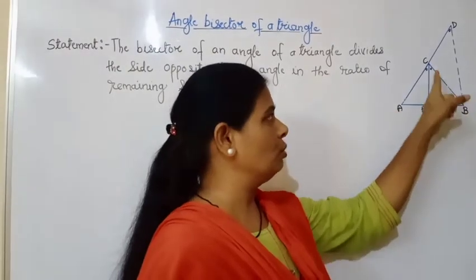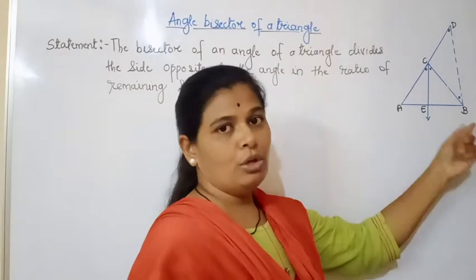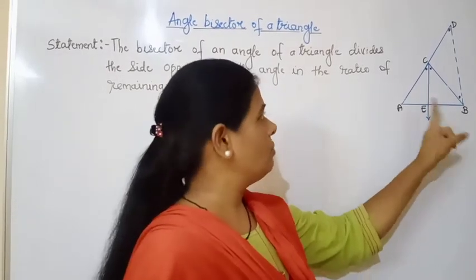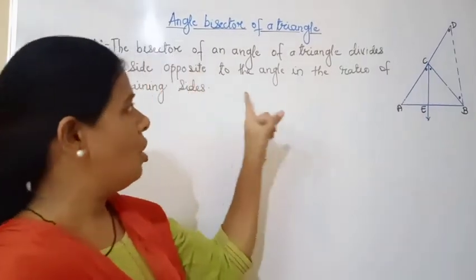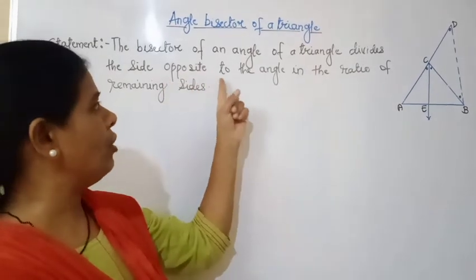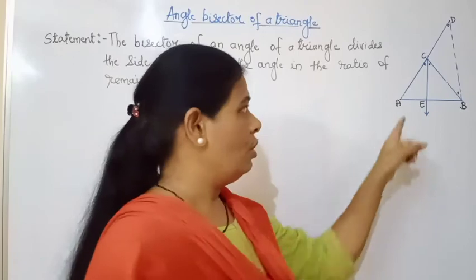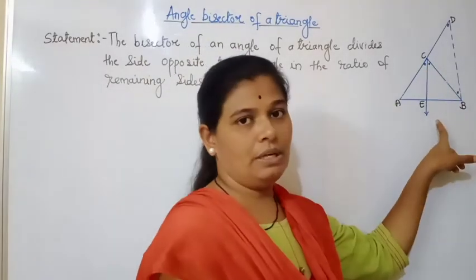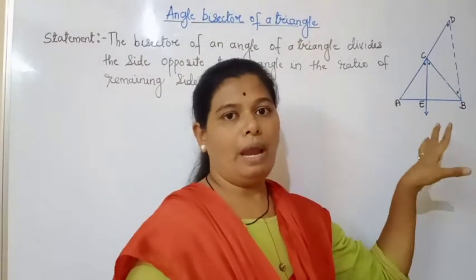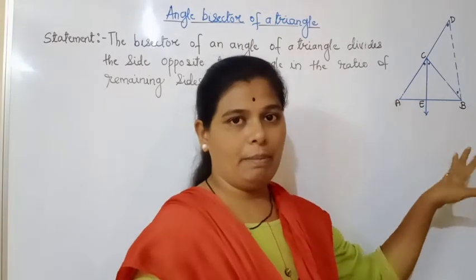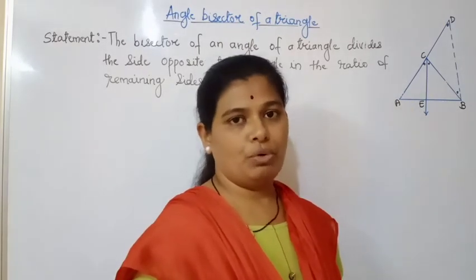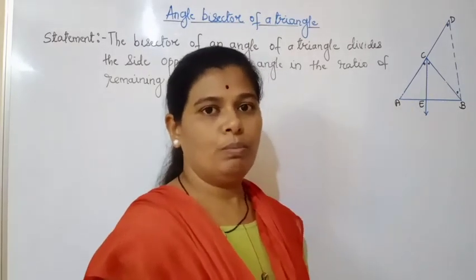The side opposite to angle C is AB, so this side AB is divided into two parts in the ratio of the remaining sides. This we are going to prove.